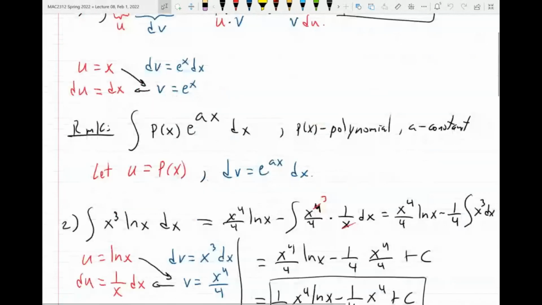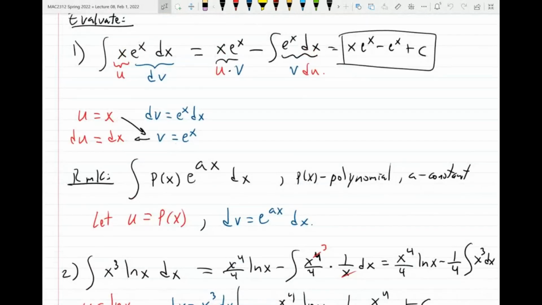For example, we did this example of a polynomial times an exponential, and I told you every time you have an integral like this, you always want to let your polynomial be your u and the exponential be your dv. The idea is that when you use integration by parts, you want to make your integral simpler.